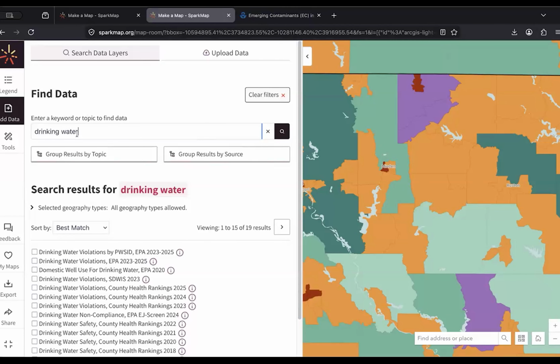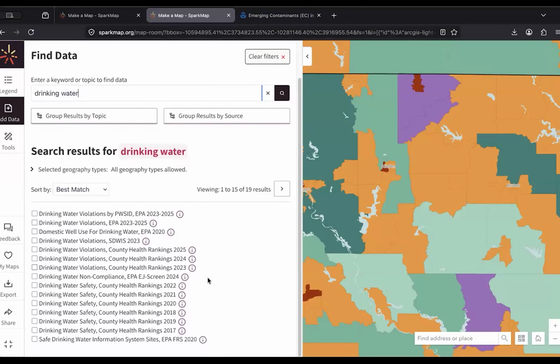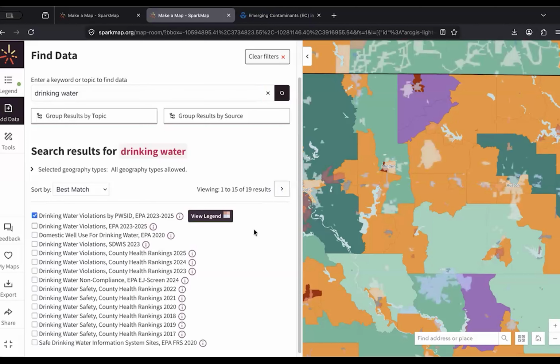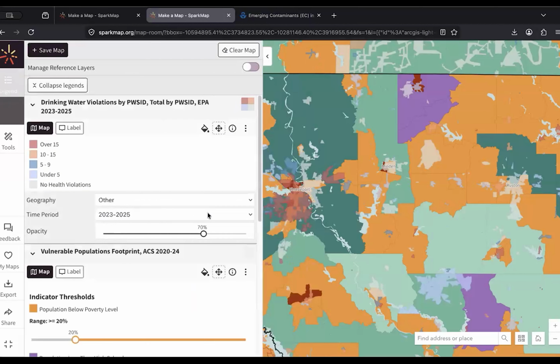And one of the things that I noticed as I was putting this presentation together is we have lots of different sources for drinking water violations. So a couple of different layers that come from the EPA and then a couple of layers that come from county health rankings. Really depends on, again, what you're using these data for, which ones you want to select. So I'm just going to go ahead and pick this top one here from the EPA.